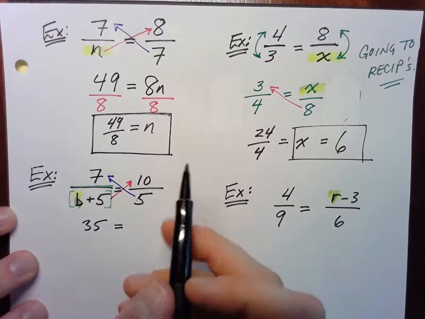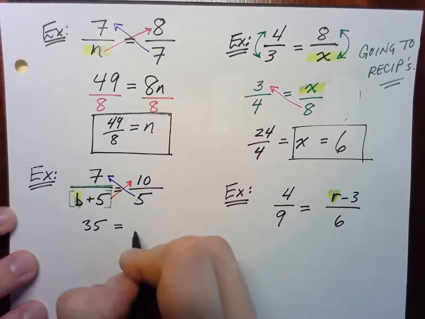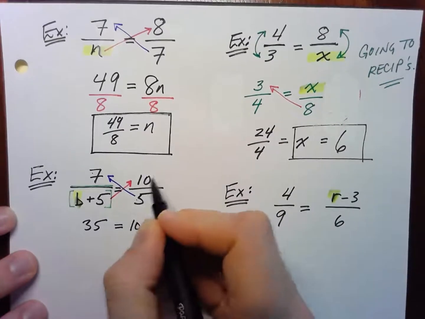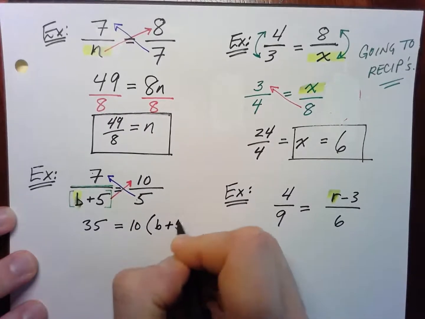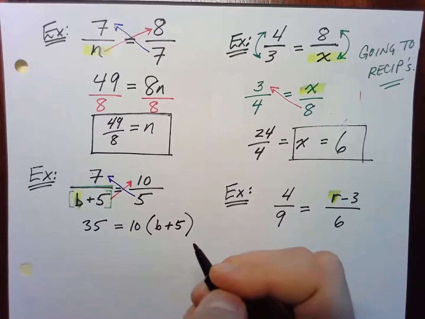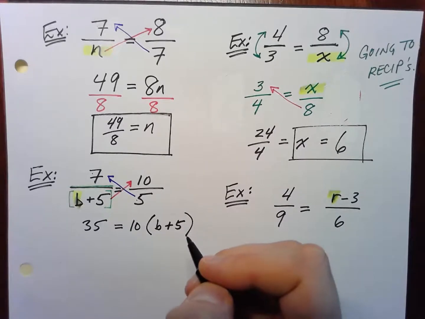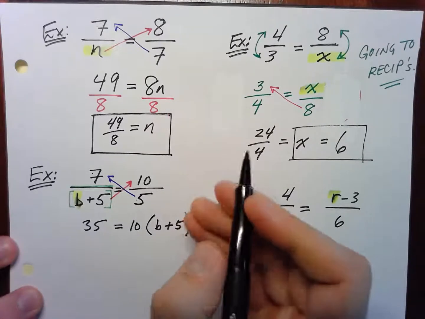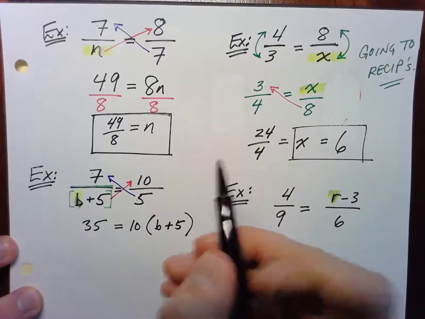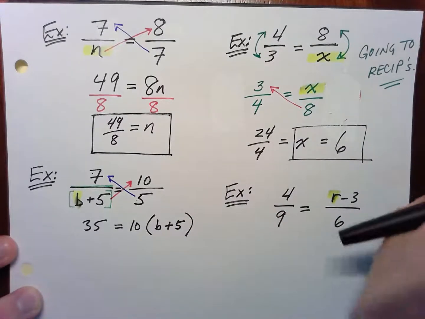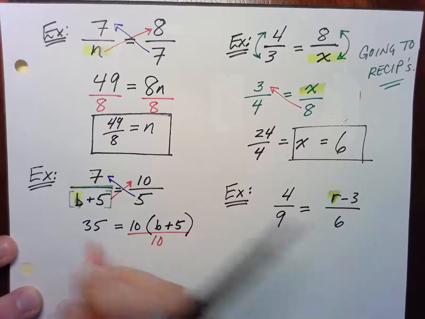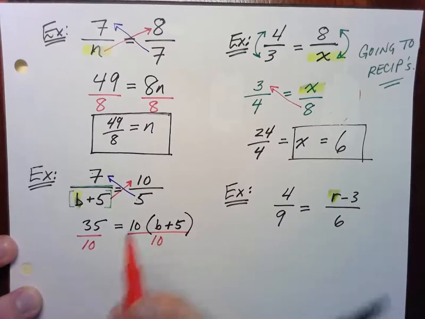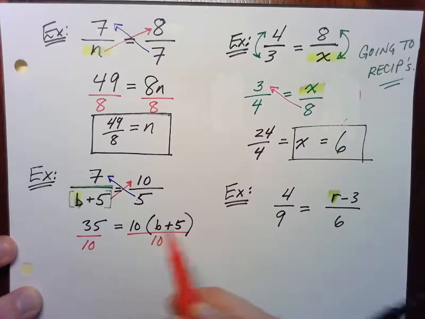And I say be careful that you're multiplying because really what we're doing here is we're taking 10 from the numerator, but then we're multiplying it by this whole package, and so we have to distribute there. Do you see that? But we don't necessarily have to distribute yet, because in fact what we could do to make our lives easier is just go ahead and divide by this 10. But just be sure that you're saying 10 times the whole b plus 5 group, okay?